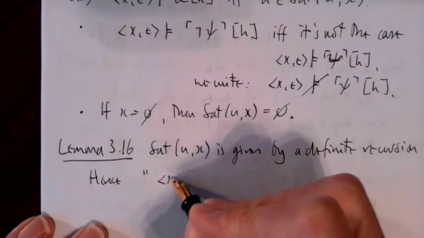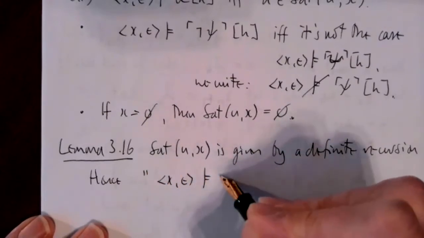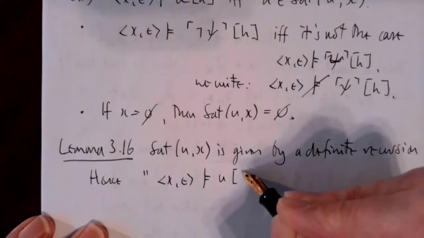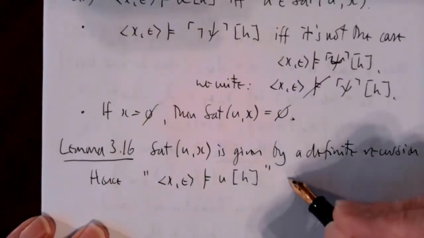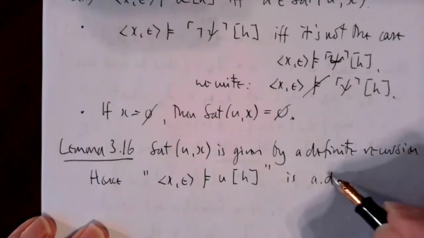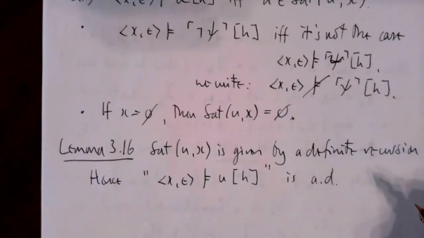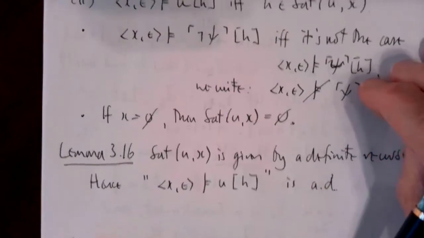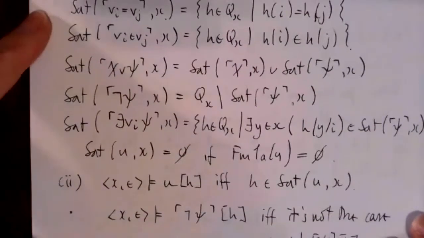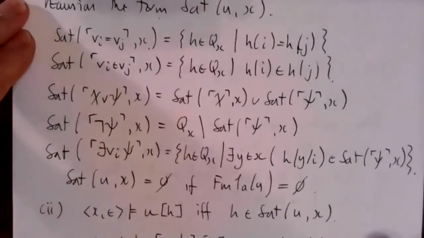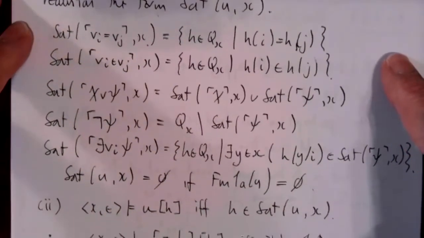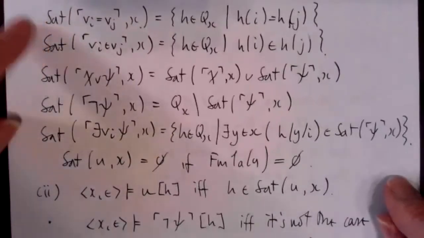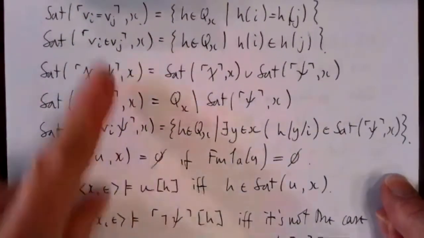Hence, then, this relation is absolutely definite. I'm not going to go through the proof of this. I'll just take this as a given. What we've got here is a recursion, which is kind of definition by cases, right?